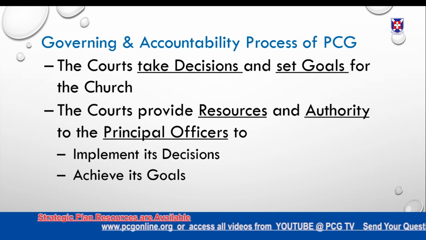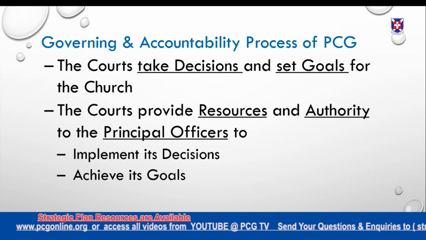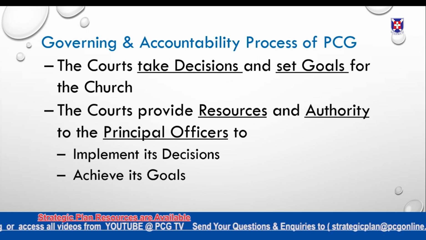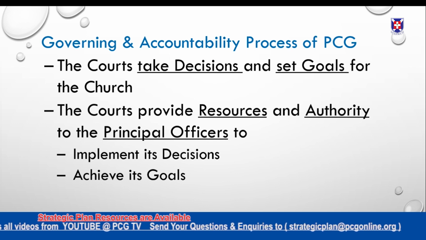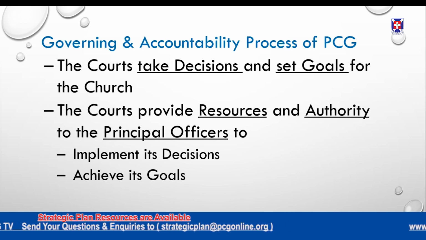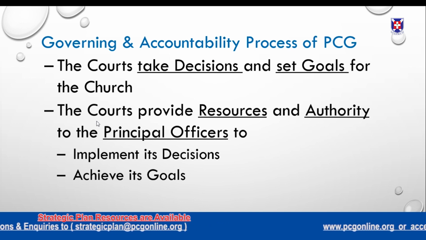And you do those things, we give you the power so that you can implement our decisions and you can also achieve the goals that we've set. So the responsibility of the principal officers is to implement the decisions of the court and to achieve the goals of the court using the resources and authority that has been bestowed on them.